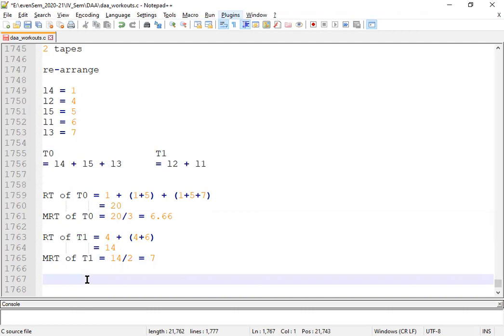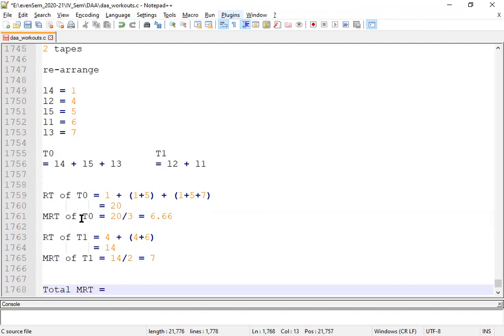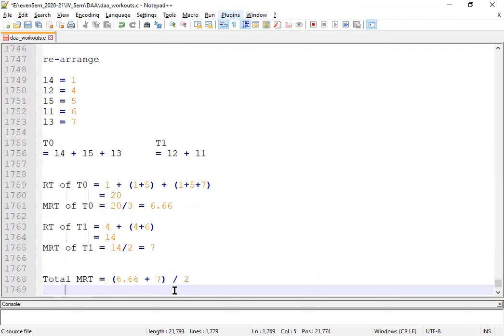Now, to calculate the total mean retrieval time, it is equal to the sum of its individual retrieval times, that is 6.66 plus 7 whole divided by 2. By 2 because there are two different tapes. So if we add and divide by 2, we get approximately 6.83 in this case.